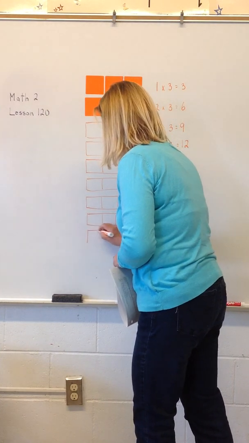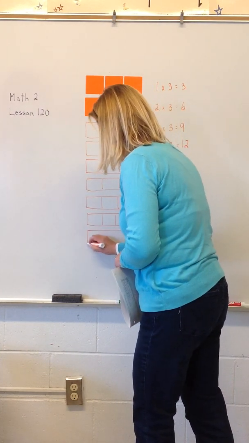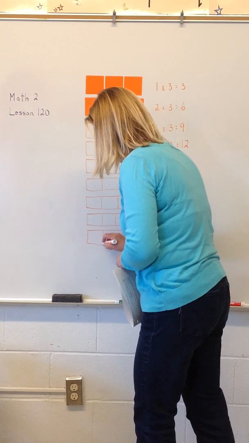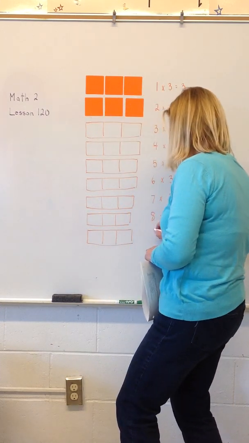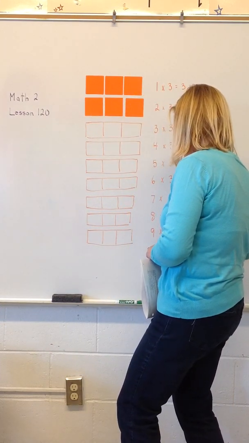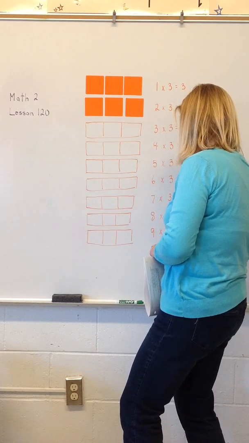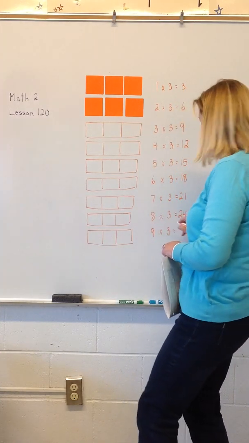And 9 groups of 3. I think I managed to get them all on there. I hope you can see it at the bottom. Okay, 9 groups of 3 equals 27.